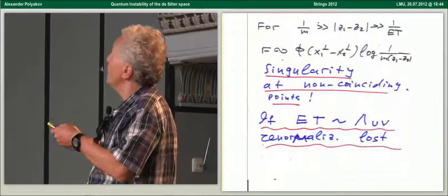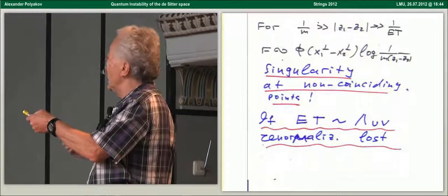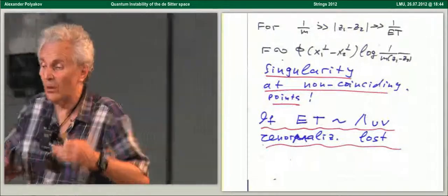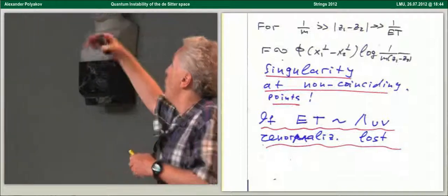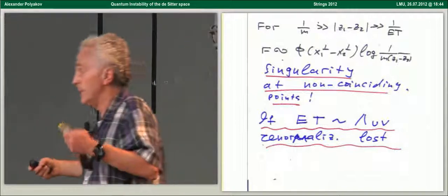Moreover, if the ultraviolet cutoff is of the order of ET, then the result of your calculation is 100% dependent on the way you choose the ultraviolet completion.